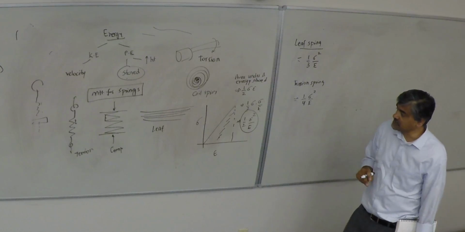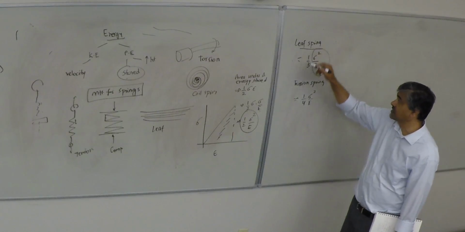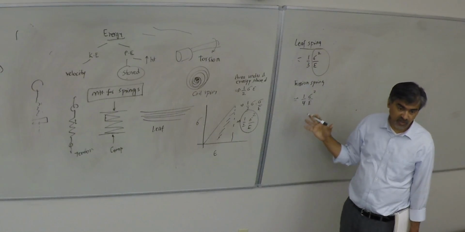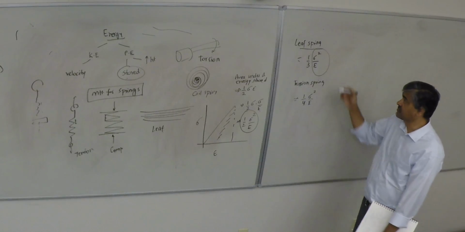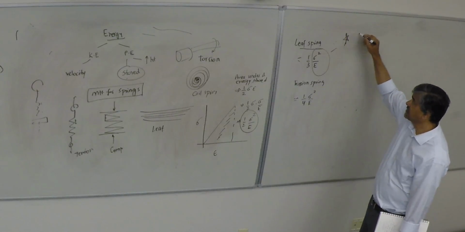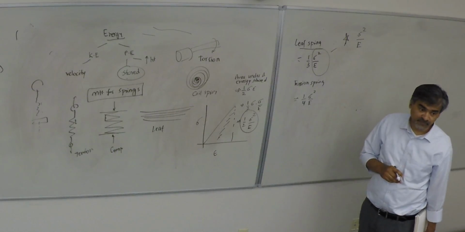Nevertheless, you can see that this parameter, sigma squared over E, appears in all the cases, which means when you look at an index, this would be an important index for you to think about.